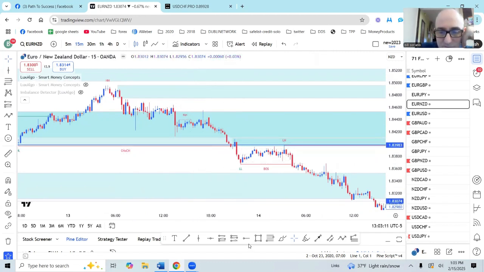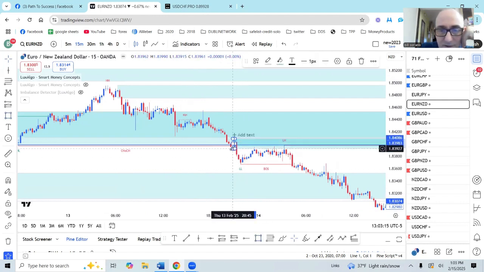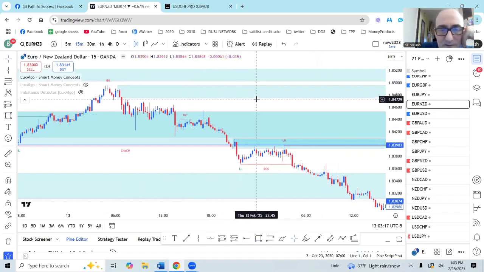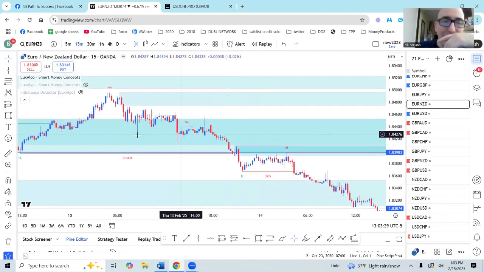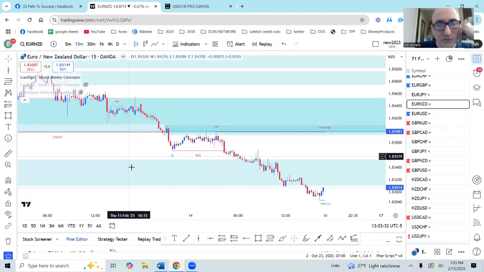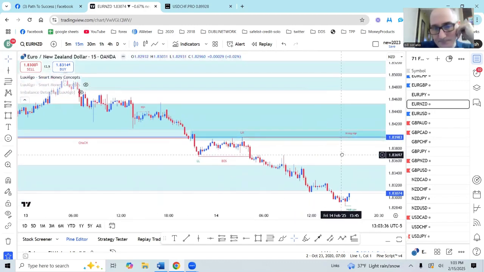If I identify this right here as a supply zone, is it going to stop there or is it going to keep going? Okay. Well, it doesn't have any reason to come up to this zone here because this imbalance has already been filled with this wick. Okay. But it could still come up to here. Okay. So this is where you have to kind of look at it.